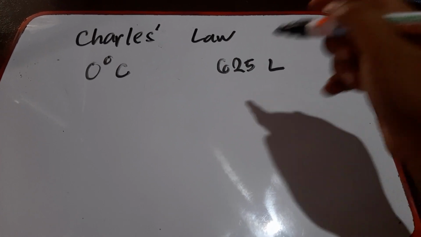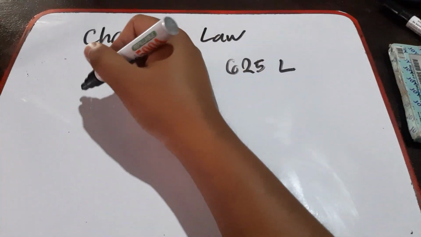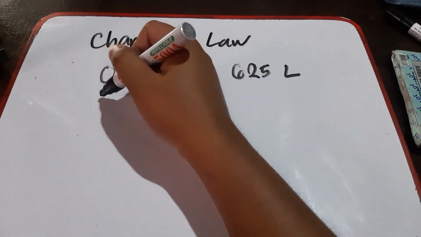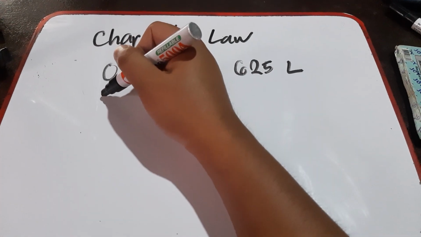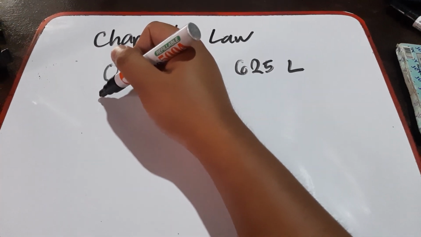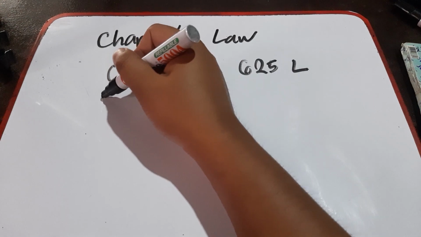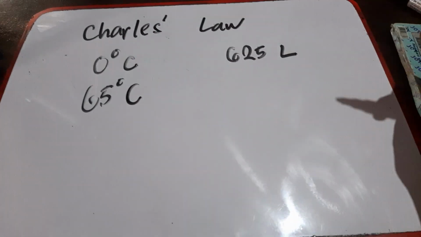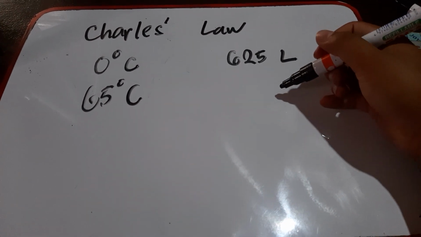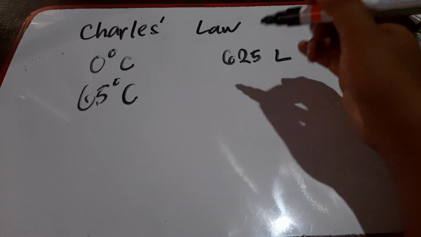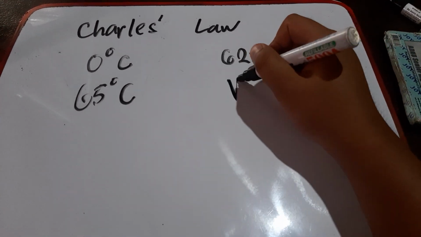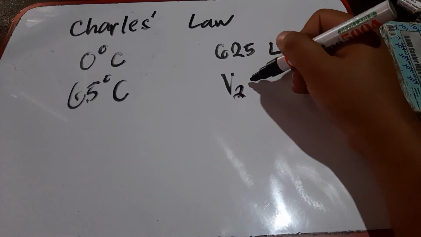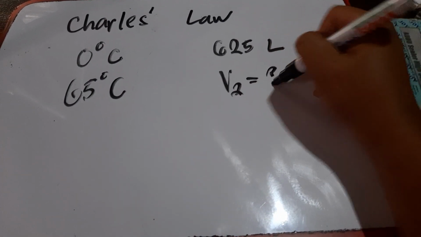And then suddenly, the management increased the temperature of the area of the balloon into 65 degrees Celsius. What would be the new volume of the balloon? So we are looking for the final volume. This is the V2. What would it be?